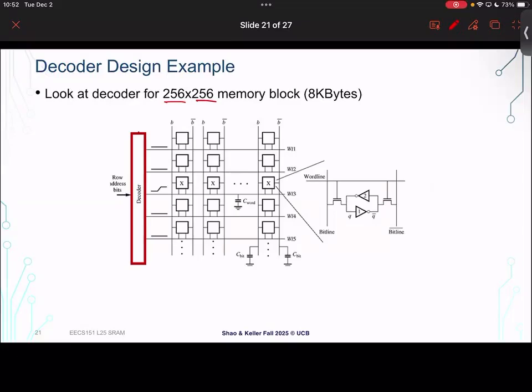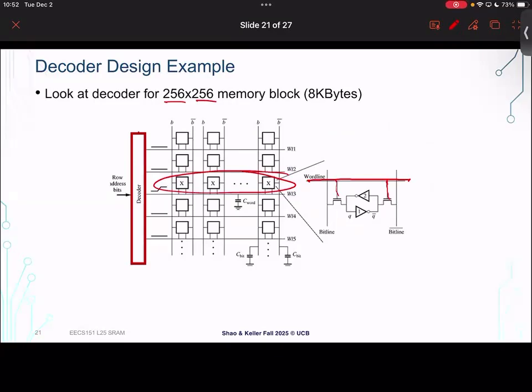Right, so that means all of the bit cells are not doing anything except for the bit cells in the row where the word line is activated. Because we saw that when we activate the word line, that's going to turn on the access transistors, and that's going to perform our read or our write, depending on how the bit lines are configured. So that's the job of the decoder.